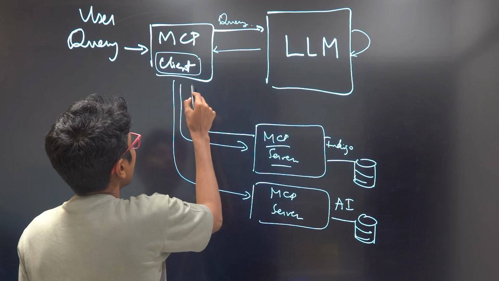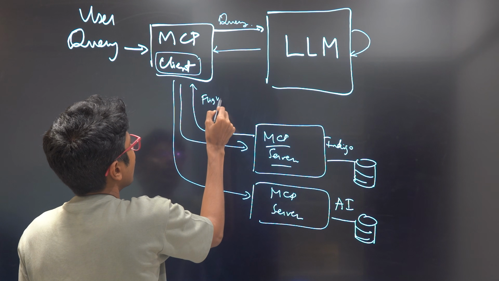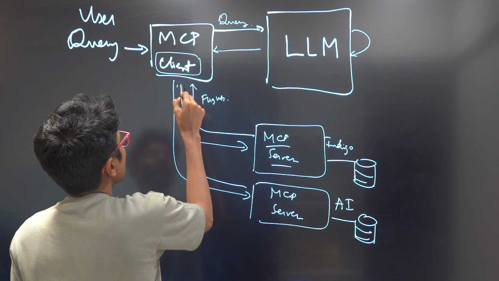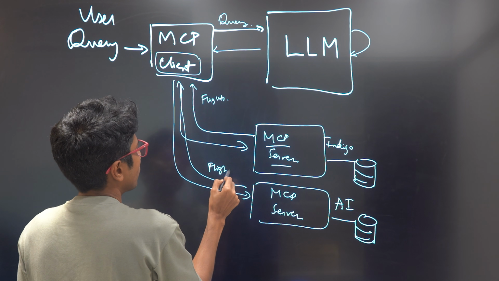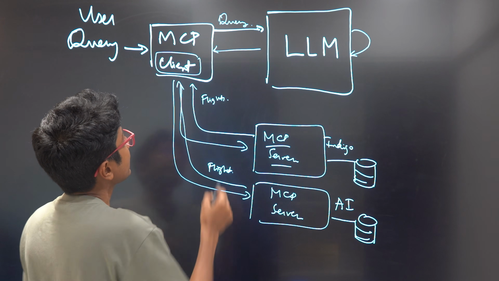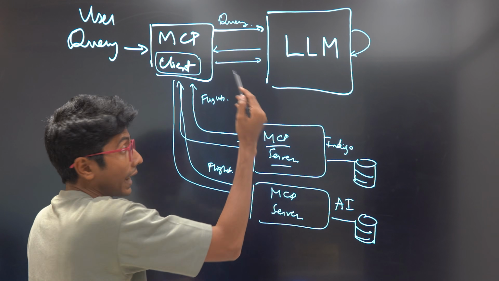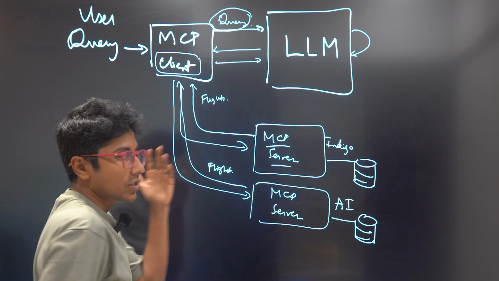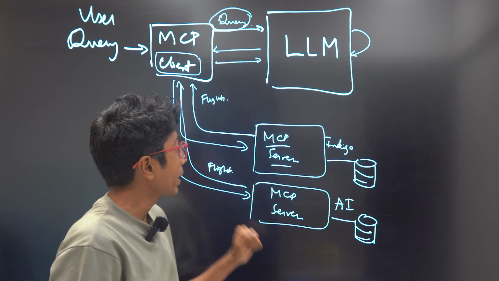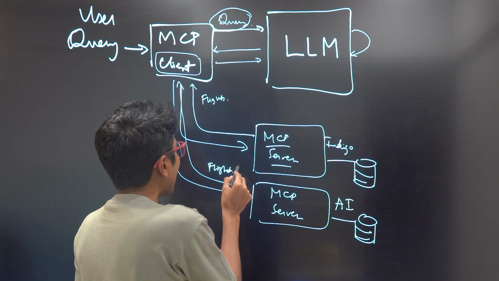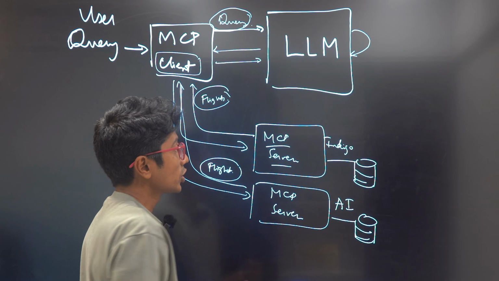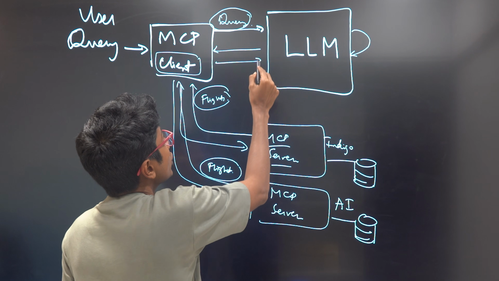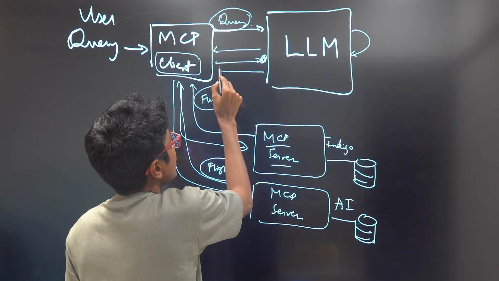As a response, you are going to get flight details from each of these airlines. Once you have the details, you can forward it to the LLM saying that, hey, along with the user query and along with whatever system prompt or relevant context that I could get from my vector database, I'm also adding flight details, real-time information from external servers, which you can now consume to come up with a decision.